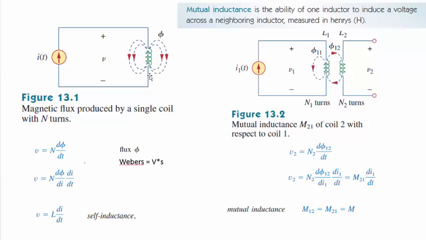It's also a time varying magnetic field. Okay, this is fine. So the magnetic field that's being induced in this coil will also produce a voltage across the inductor.